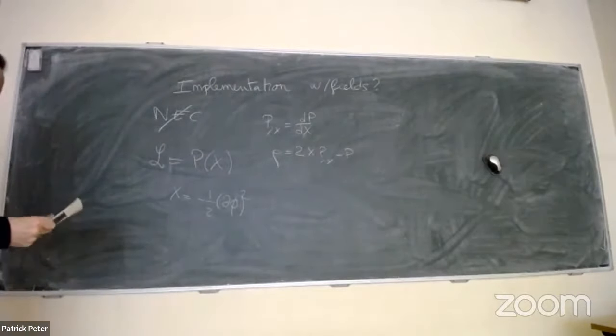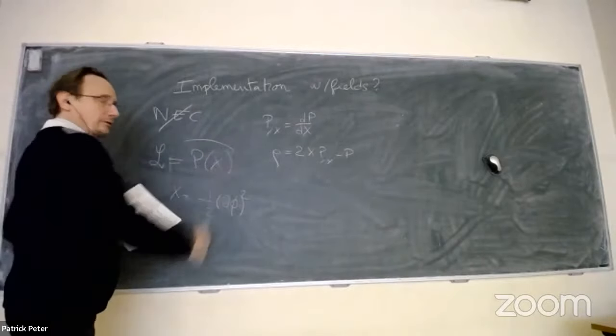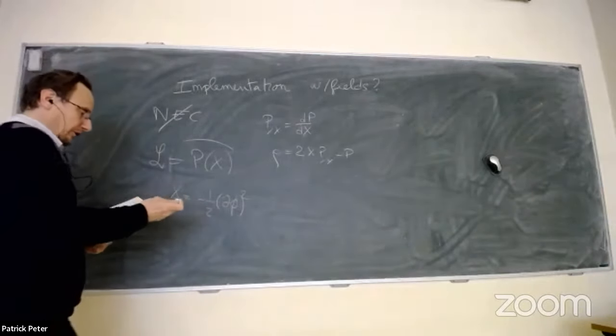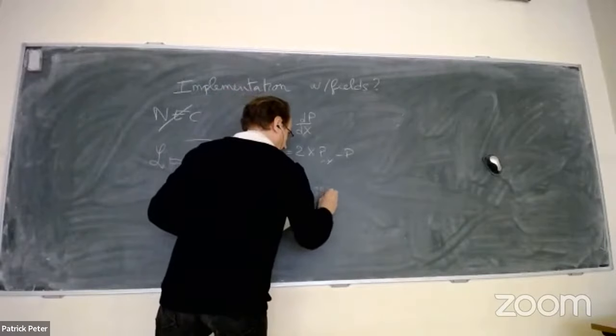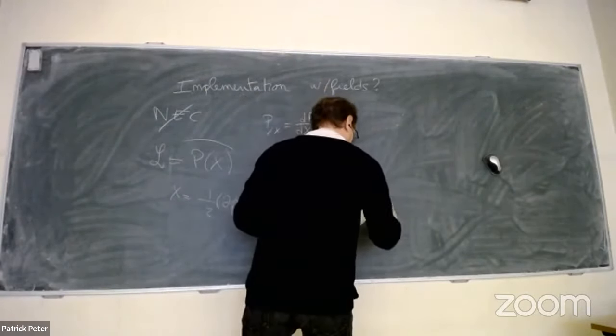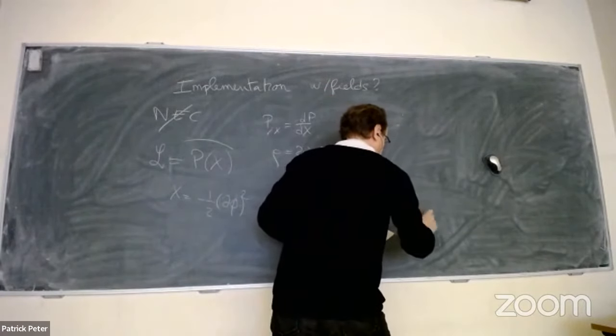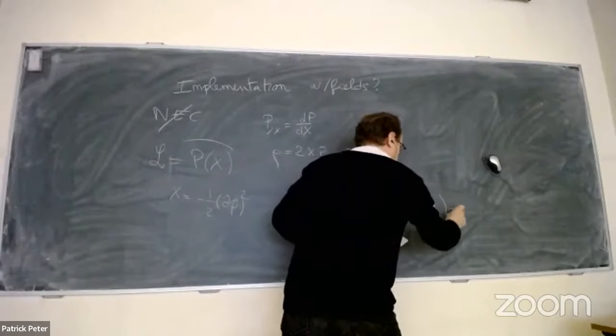And then you look at this function, and this is an arbitrary function, right? So because it is an arbitrary function, you can assume that there exists an Xc, say, such that P comma X at Xc equals 0.